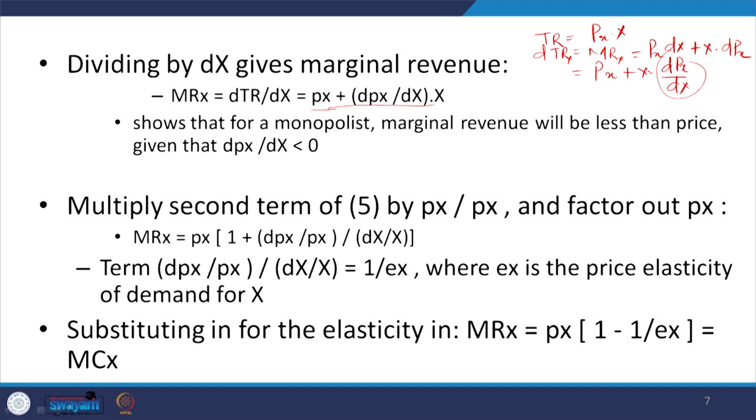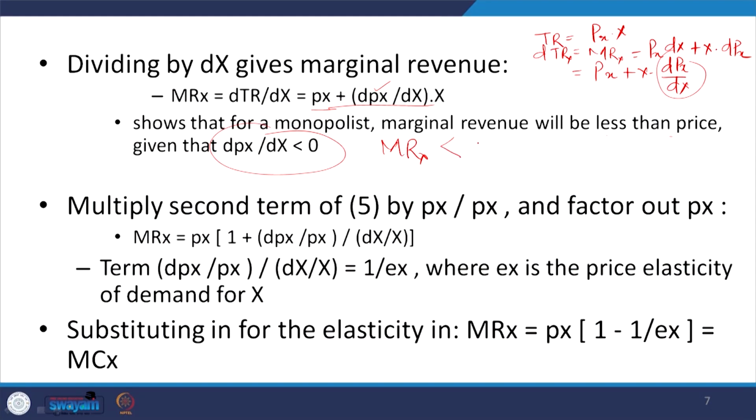This shows that for a monopolist, marginal revenue will be less than price, given that this term is less than 0. If dPx by dx, the slope, is negative, the change of price is lesser and lesser, so the marginal revenue of successive items will be less than Px.